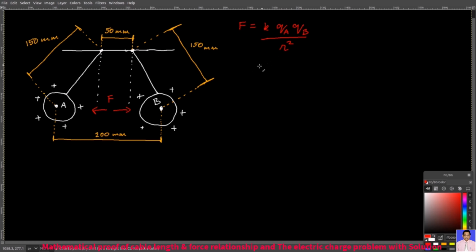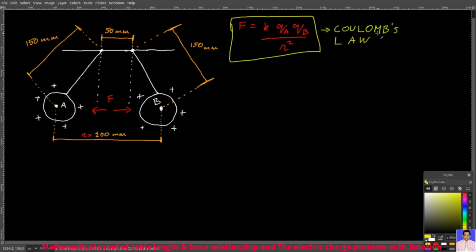This R here is the separation between these two spheres. This law is called Coulomb's law, and this K is called Coulomb's constant, and from physics its value is approximately 9 times 10 to the power of 9 newton meter squared over coulomb squared.